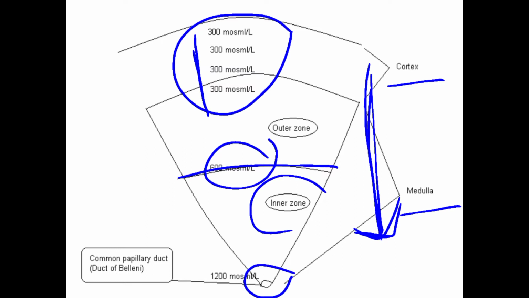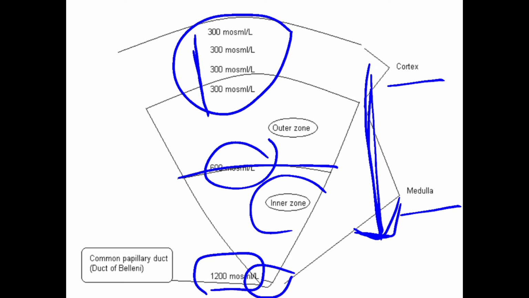As it goes inside the medulla, the concentration of the medullary interstitium increases. In the outer zone of the medulla it is 600, and deep inside it becomes very high, 1200 milliosmolar in the renal papilla.